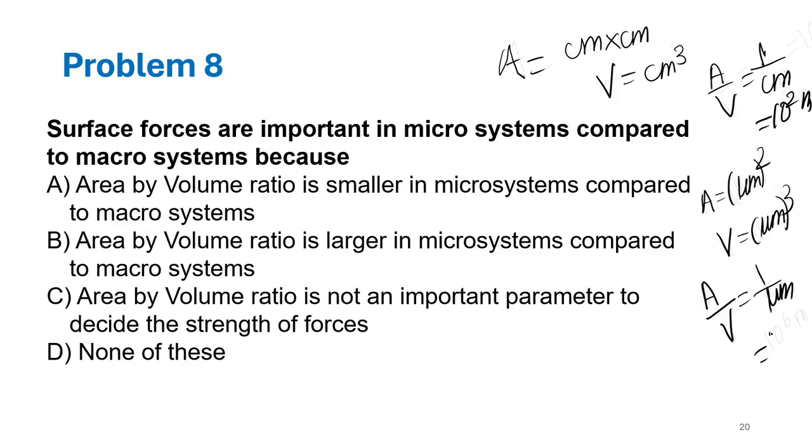So that is 10 power 6 per meter. So if we compare the ratio of the centimeter structure and the micrometer structure, we can see that the area by volume ratio is much larger in microsystems compared to macrosystems.